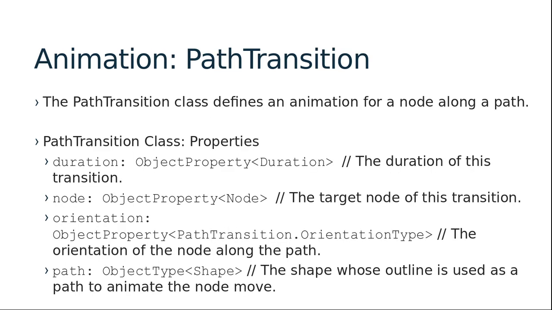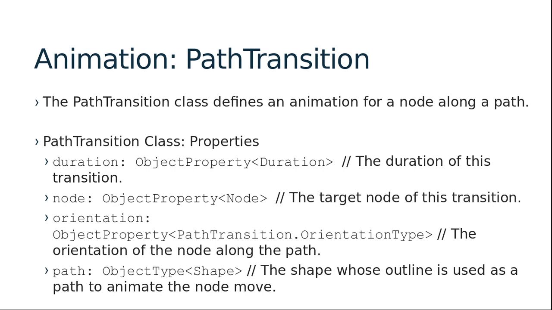Let us start with the path animation. The path animation is a class which helps us to create an animation based on a path. So we will animate a node along a path. We define a path, we give a node, and that node will traverse that path.